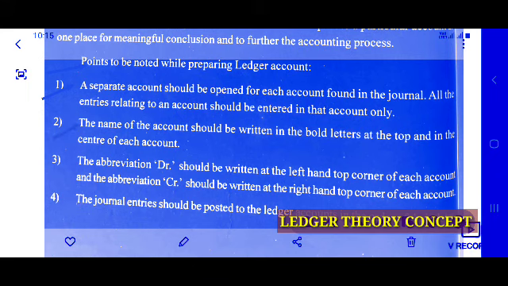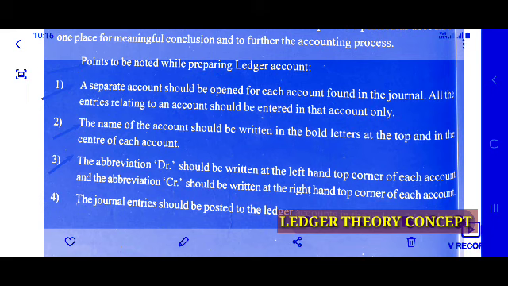The name of the account should be written in the bold letters at the top and in the center of each account. So in a format, already I explained you. So in a format, the title account we have to write in the center, left side debit and right side credit.